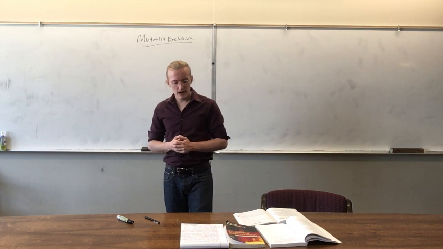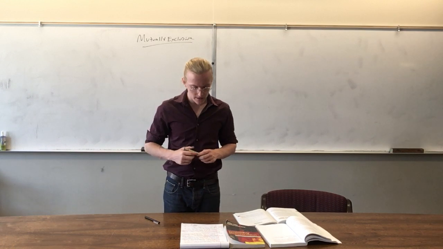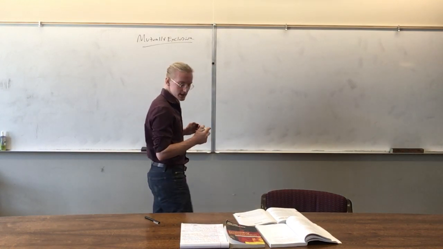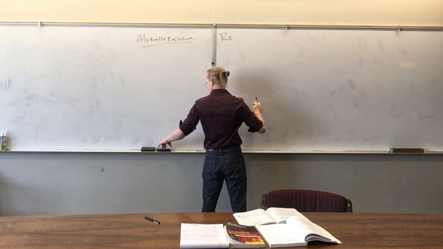And so when events are mutually exclusive, and we're talking about the disjunction of probabilities, we get our restricted disjunction rule.